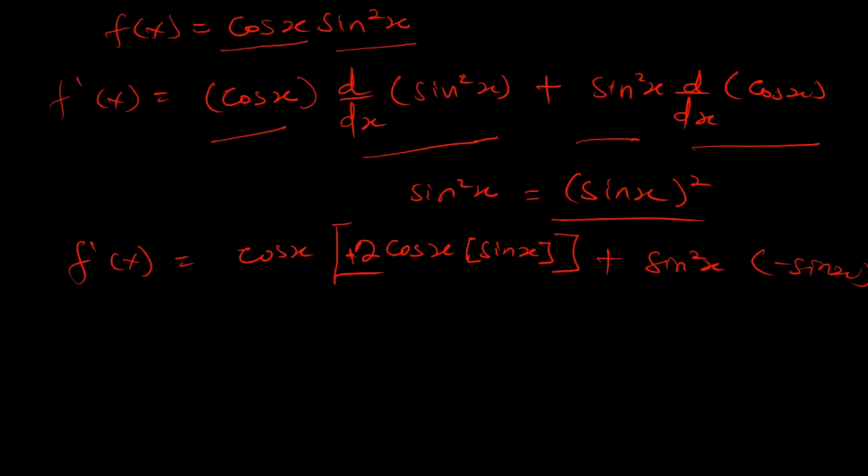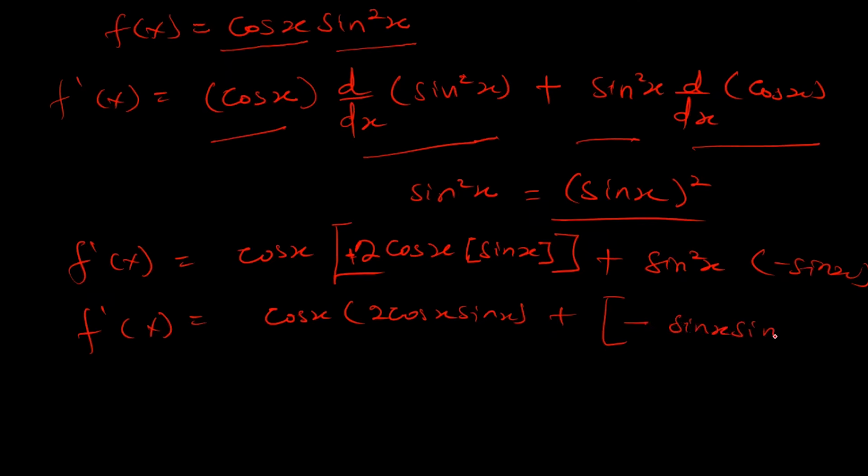Okay, so f prime of x is going to be cos x multiplying 2 cos x sine x plus negative sine x sine squared x.